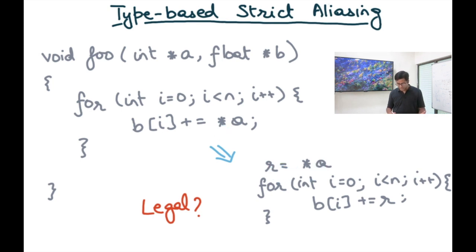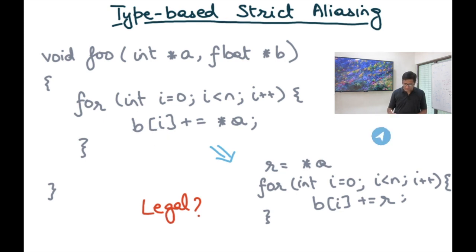And so if I do this, then I'm not going to be refreshing the value on every iteration, so these two programs would be inequivalent, because once again, if b[i] can alias with a, then star a's value can change because of the write to b[i].